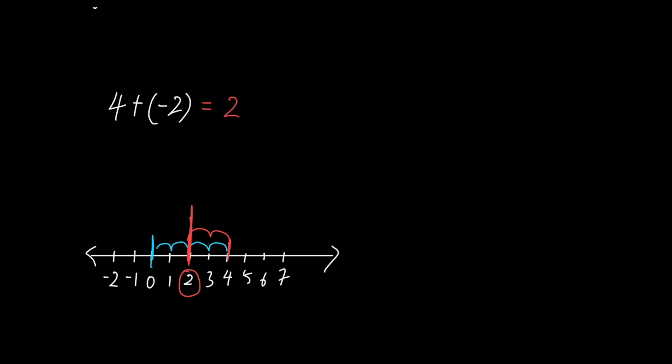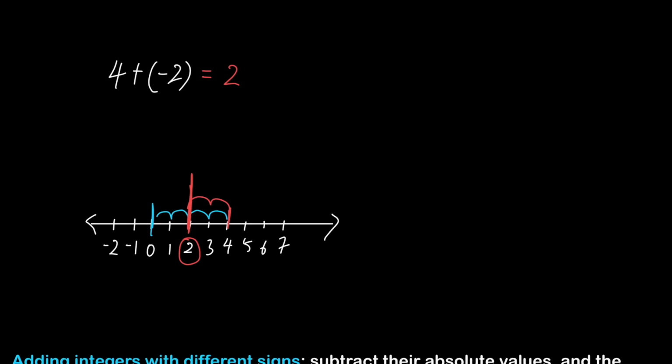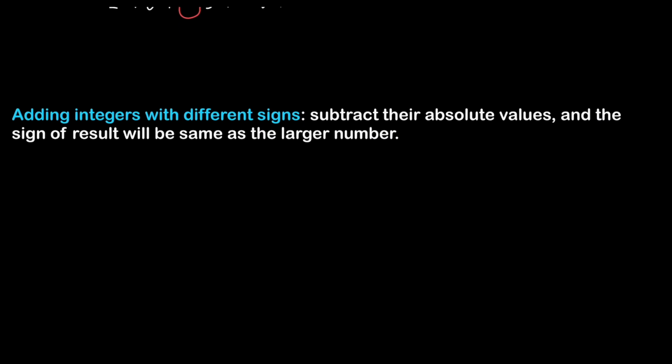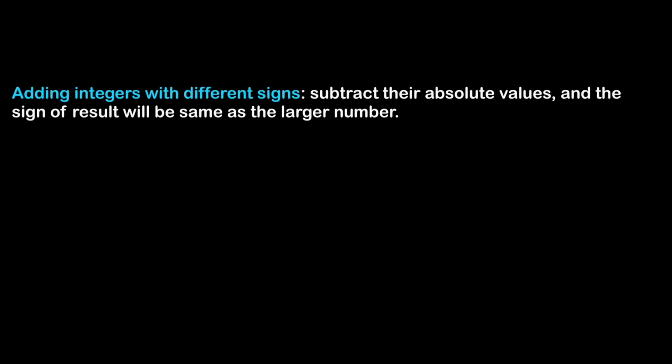And I just want to teach you a quicker way, to save you some time. So we have this rule: adding integers with different signs. If we have a positive number, we add a different sign, we add -1.